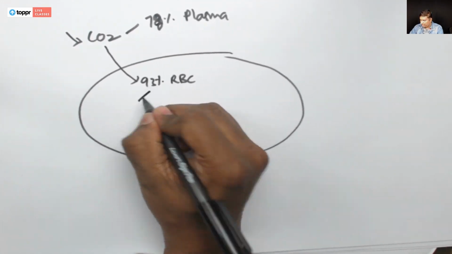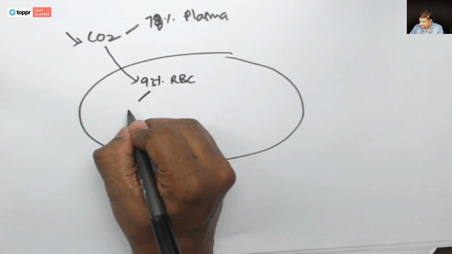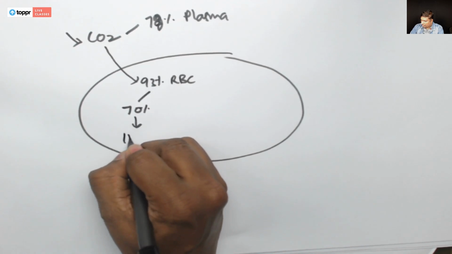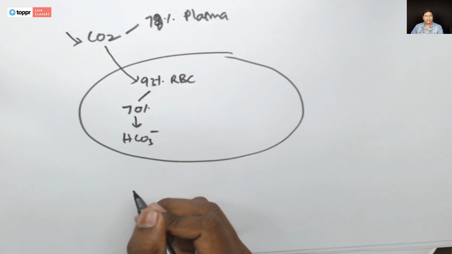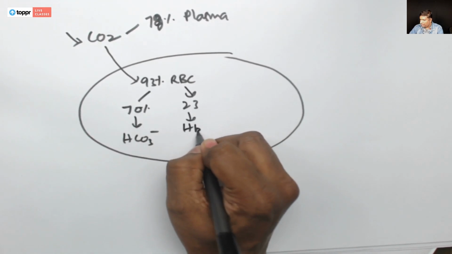Inside the RBC, you have carbonic anhydrase, which is converting 70% of it to bicarbonate ions. Okay, and the remaining 23% is binding to the hemoglobin.